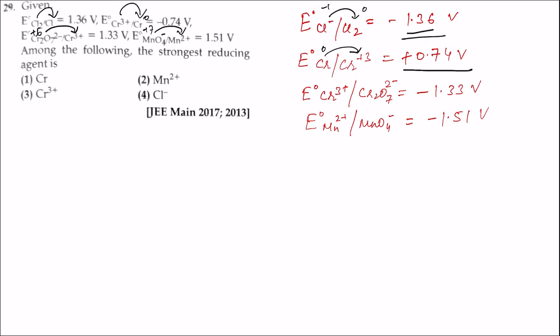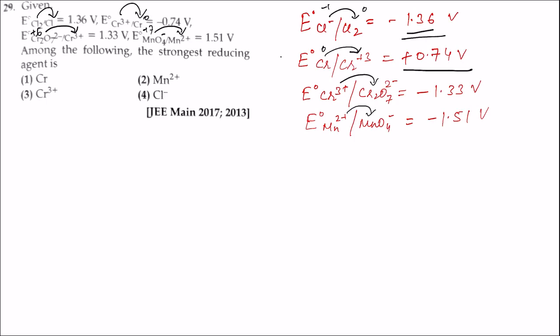The reduction potential value is -0.74 volt, so the oxidation potential value will be +0.74 volt. The numerical value remains the same and the sign changes. Chromium from +3 to +6, again the oxidation potential value is -1.33. Manganese from +2 to +7, the oxidation potential value is -1.51 volt.